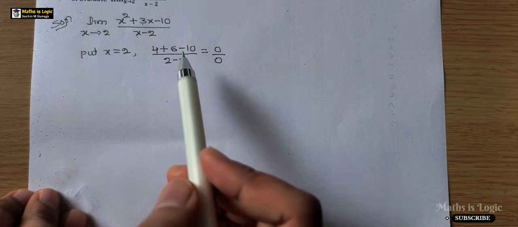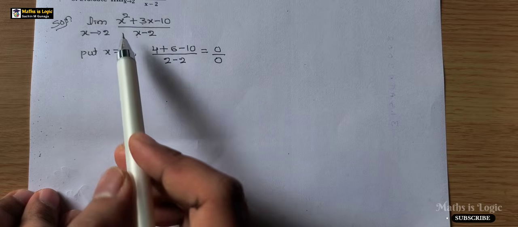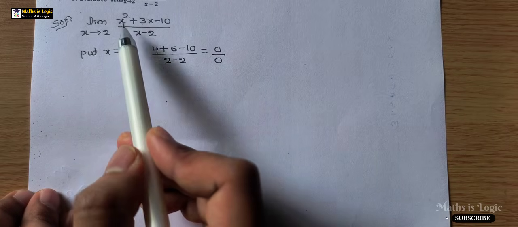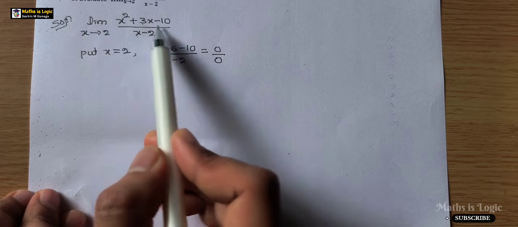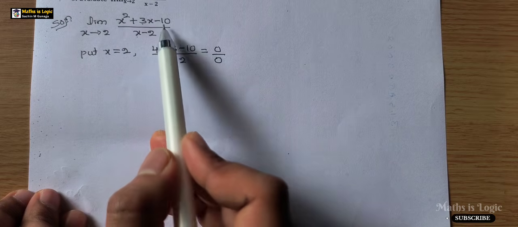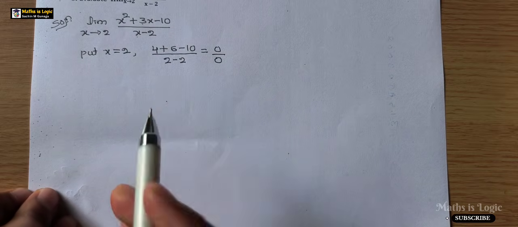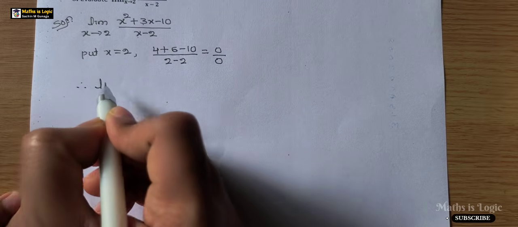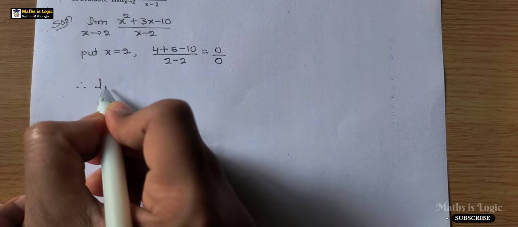So next, if you want to find out the nearer value, here we are going to apply the factorization method, because this numerator looks like ax square plus bx plus c. Therefore, once again note down the given question.